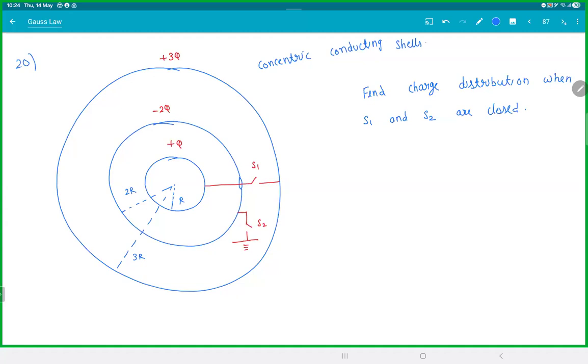Step 1, start with the charge distribution. I'll help you with the charge distribution, see whether you got the same. Without putting the proper charge distribution, you can't go ahead.